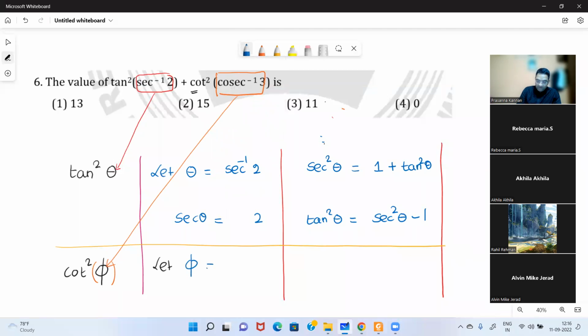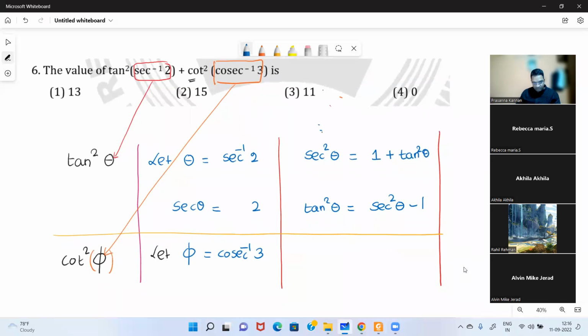Let angle phi be equal to cosecant inverse 3. Then what is cosecant phi? 3. So cosecant phi will be equal to 3. Are you clear?